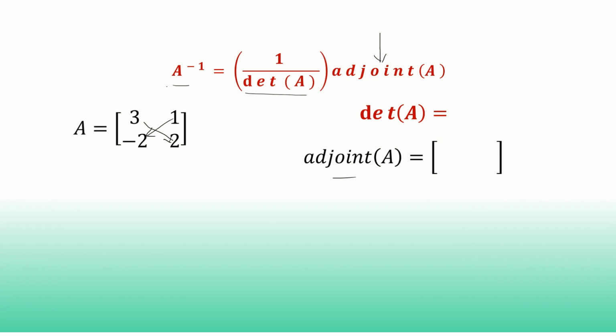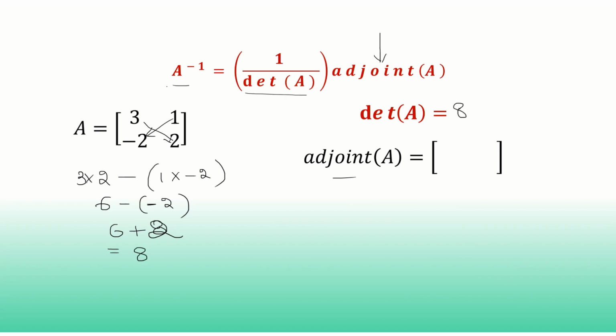Don't mess up with the minus signs. 3 times 2, just put the minus. If there is another minus, don't forget to put the bracket on. 1 times 2. This way your answer can never be wrong. So 6 minus minus 2. That comes out to be 6 plus 2 actually, that is 8. So we got our determinant, which is 8.